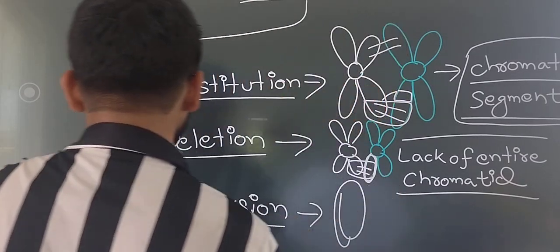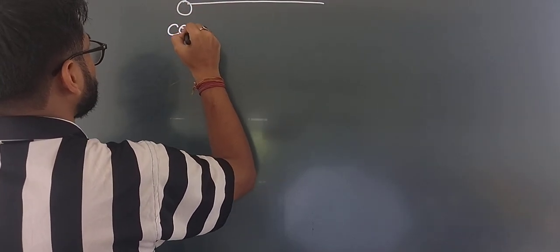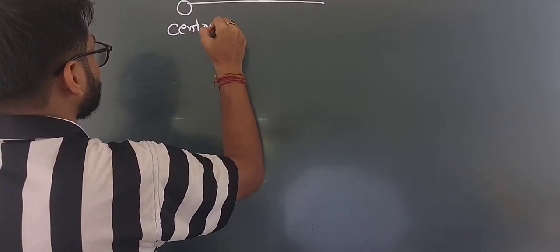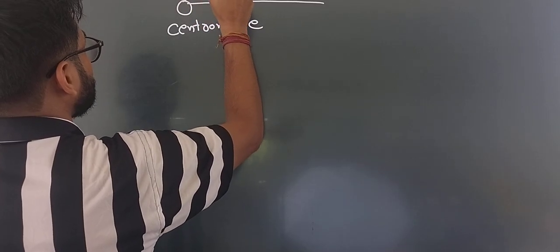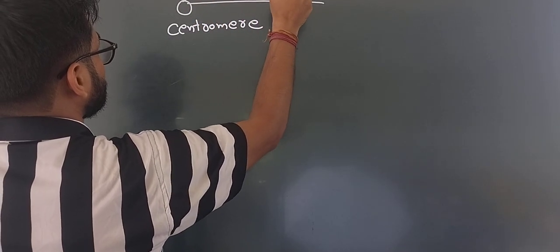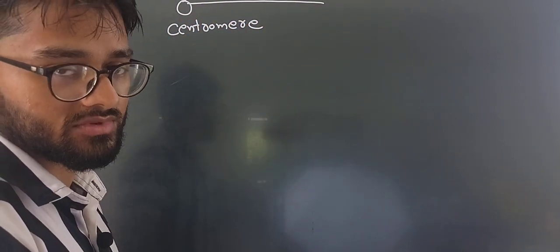So to make you better understand, let us assume that this is your centromere. This is the sequence of the genes that are present in your chromosomes.